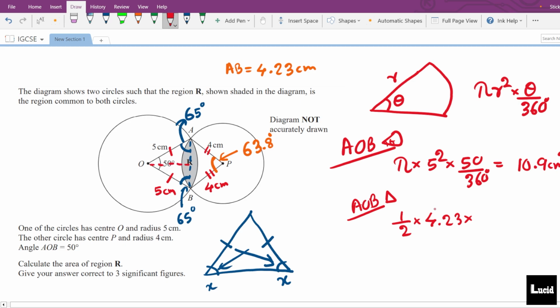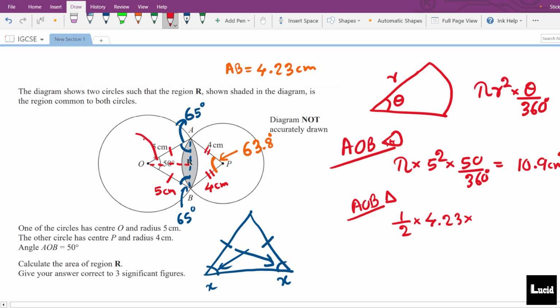To find that, you need to use Pythagoras.